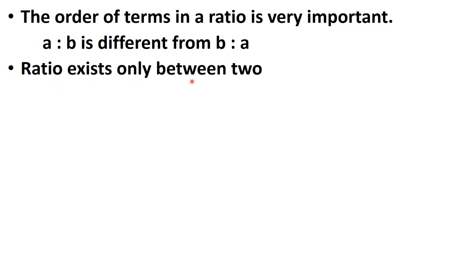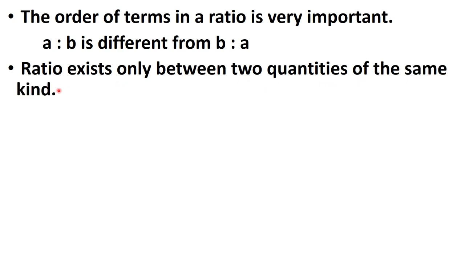Ratio exists only between two quantities of the same kind. We can't find the ratio of one student's height with one student's weight. We can't compare like this.